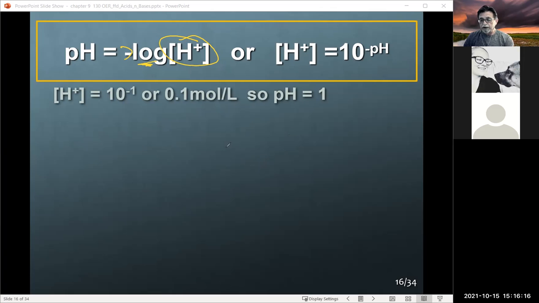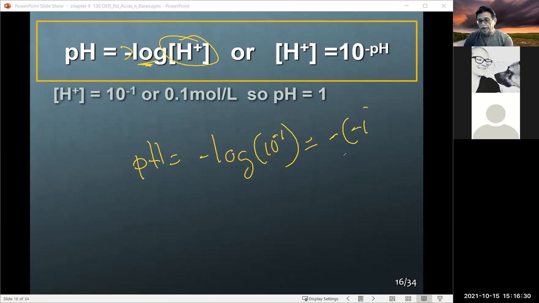So remember this, if I were to say I want to take the pH equal to the log, and my concentration was 10 to the negative 1, well, that becomes negative 1. The log of 10 to the negative 1 is negative 1. And negative 1 times negative 1 is a positive 1.